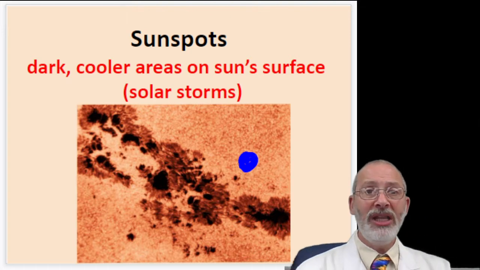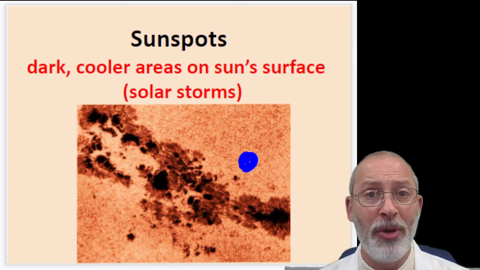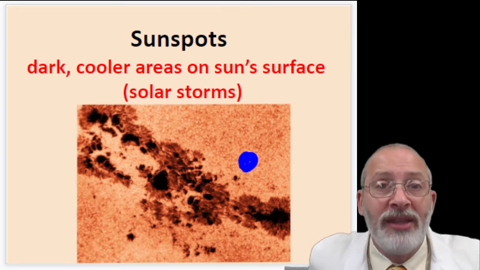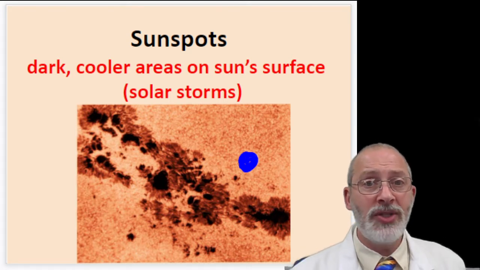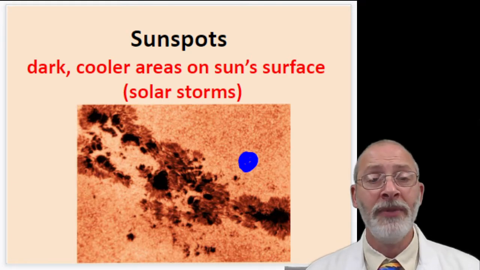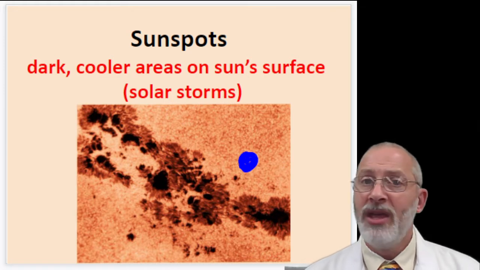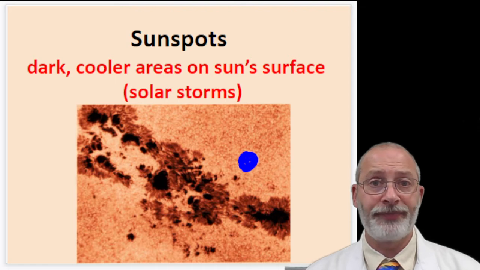So about every 11 years or so, the North Pole becomes the South Pole and the South Pole becomes the North Pole. We're still trying to figure out why. We don't completely understand why this happens, but we've observed it for a couple hundred years now, that the magnetic field of the sun flip-flops about every 11 years.